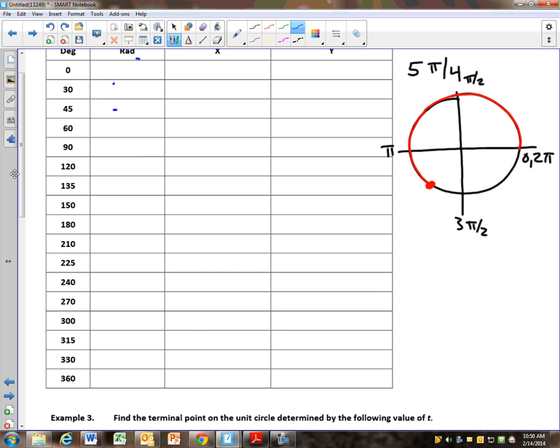I want to travel along the unit circle to the x-axis. I could travel the blue route, or I could travel the green route. Obviously, which one's shorter? The green. This is 5 pi over 4, and pi is the same as 4 pi over 4. So how far between the two? Pi over 4. So your reference number is pi over 4.